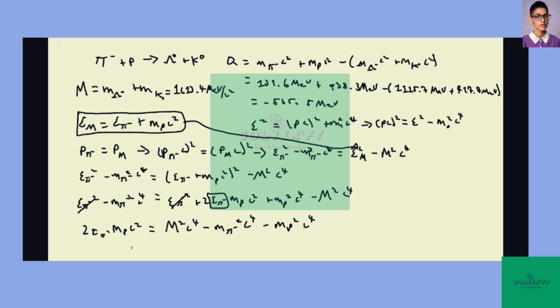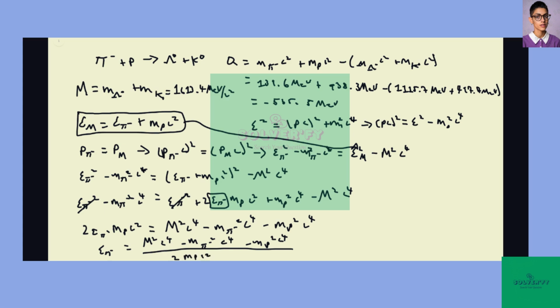Now we solve for the total energy of the pion. E of pi minus is equal to big M squared c to the fourth minus m pi minus squared c to the fourth minus m_p squared c to the fourth, divided by 2 m_p c squared.